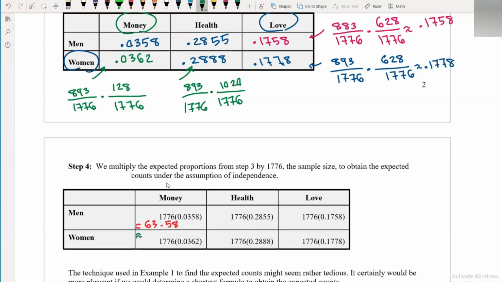This one is 64.29. Here is 507.05. Here is 512.91. For men and love, here is 312.22. And finally, this one is 315.77.